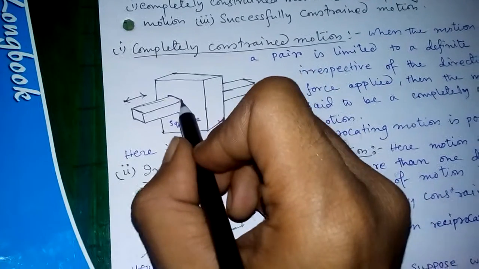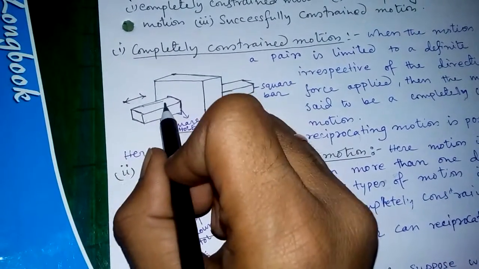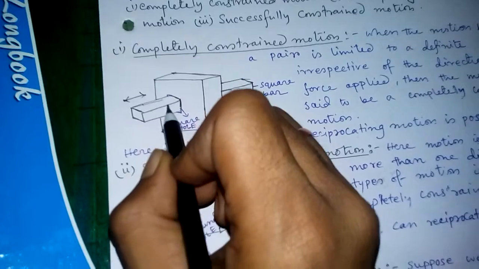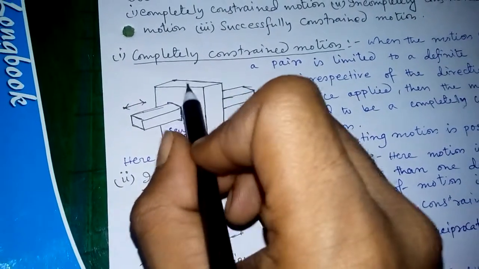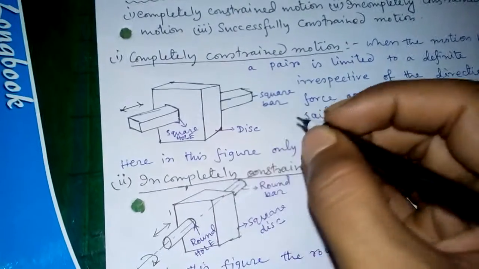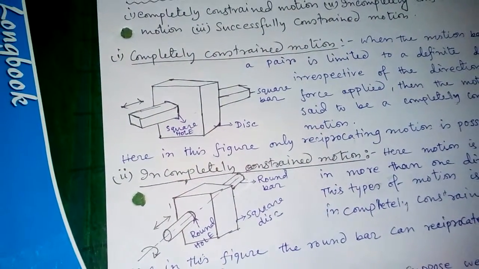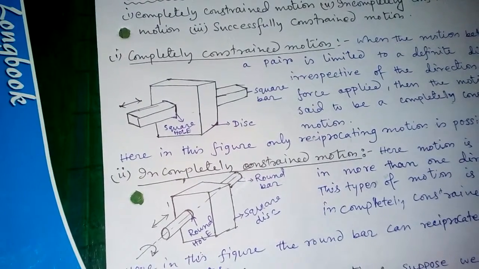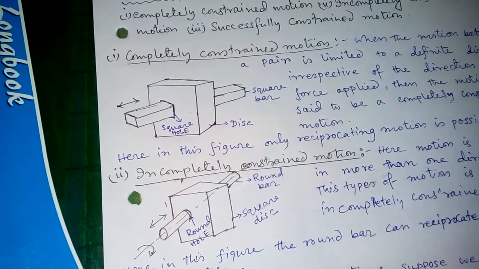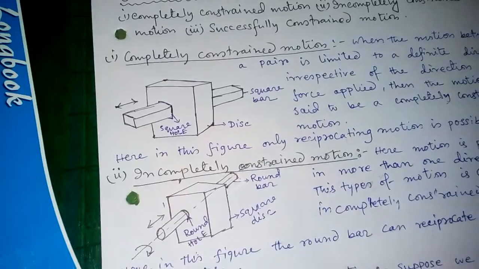It has a motion, that is reciprocating motion. Without reciprocating motion, it is not possible to give any other motion. This type of mechanism is called completely constrained motion.